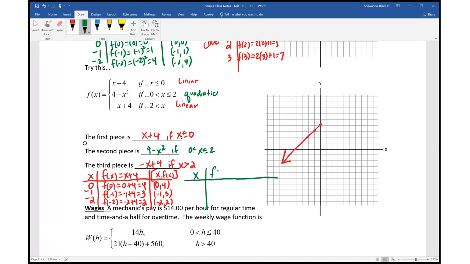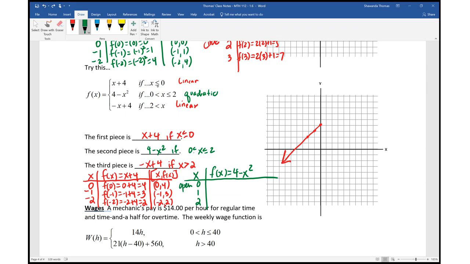So f of x is 4 minus x squared, so that's going to be quadratic. And we're going to use these numbers that are on these boundaries here: 0, 1, 2. Now the 0 is going to be an open circle because it does not say equal to there. It's just when x's are greater than 2.